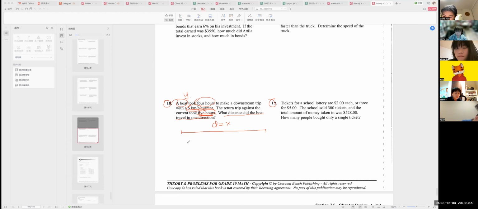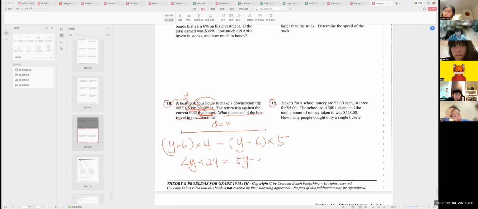Okay, so let's take a look at this one. If the speed is y, then y plus 6 times 4 should equal y minus 6 times 5. Correct, everybody? Am I right? So 4y plus 24 equals 5y minus 30.